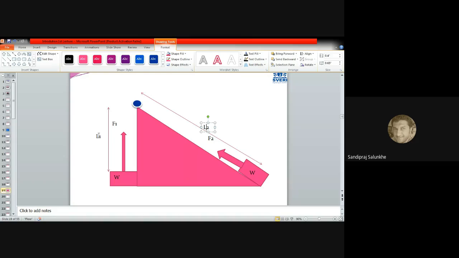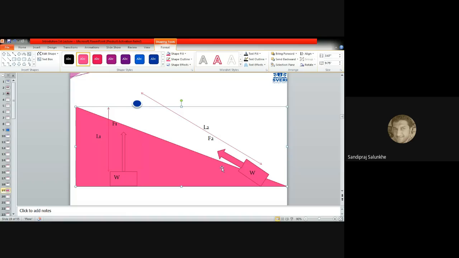That means the distance traveled and the force applied are inversely proportional to each other. If you want to reduce the efforts again, then you just have to elongate this ramp. The height will remain the same, but the distance traveled will increase.